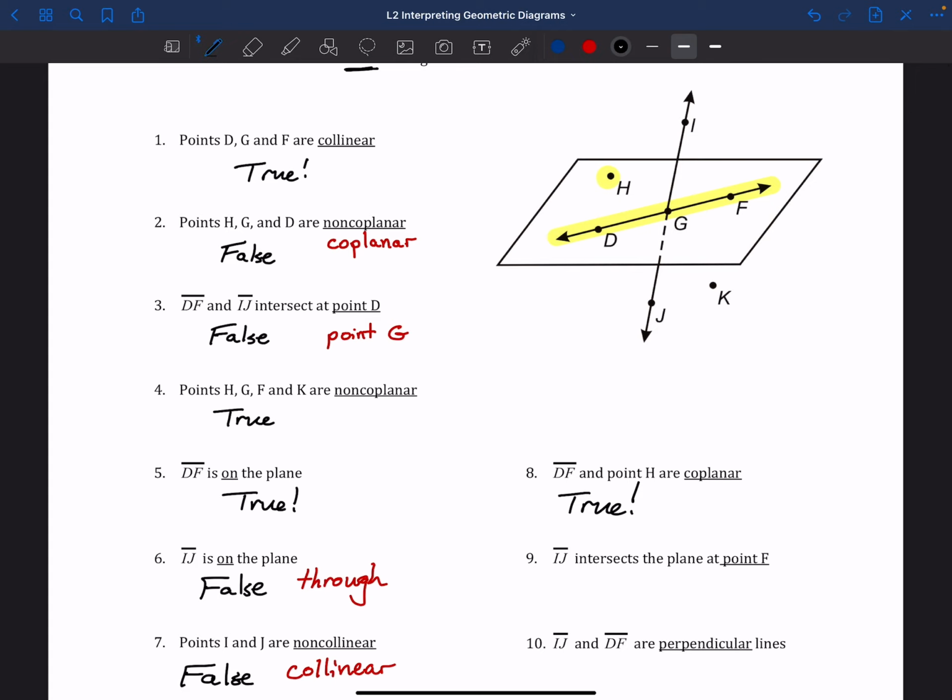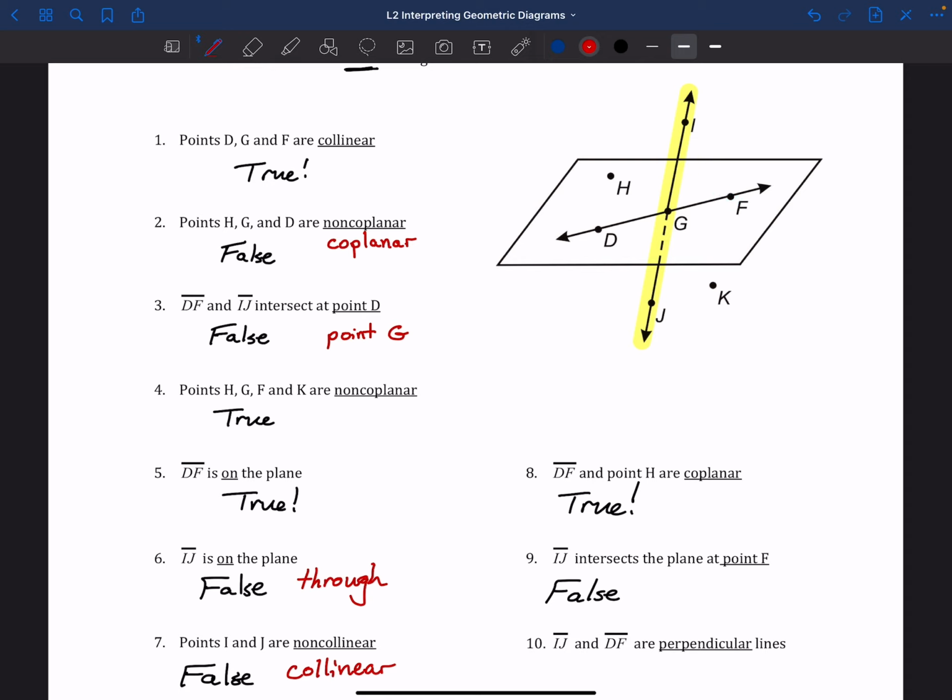Right. This next piece, we have IJ intersecting the plane at point F. So IJ, it's intersecting the plane. Ooh, at point F? Over there? That doesn't seem right. Right, you can probably tell this one's false, right? That is not where we're crossing the plane. The point where we are crossing the plane appears to be right there, right?